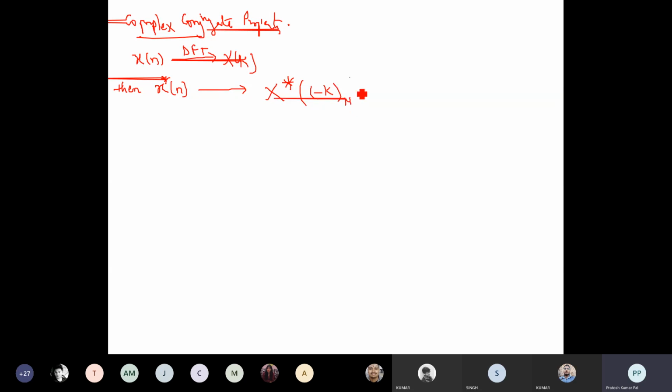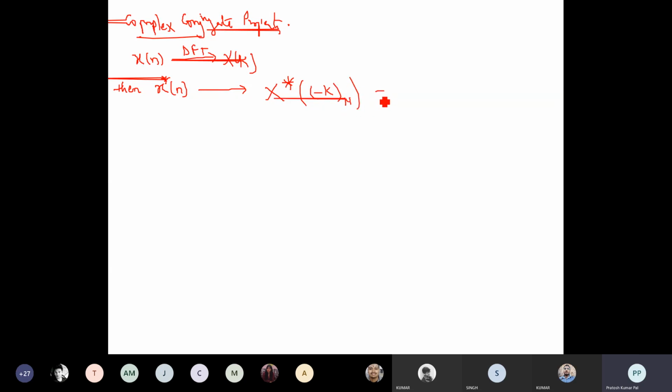So in that complex conjugate property, what happens if x of n is given and its DFT is x of k, then any signal is there like x of n and its complex conjugate is given, then its DFT will be equals to the complex conjugate of the obtained DFT with circular shift.